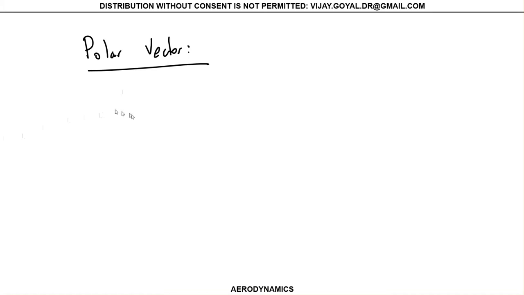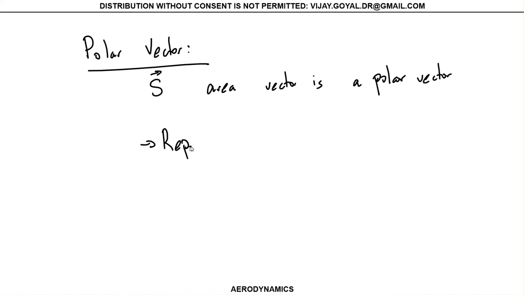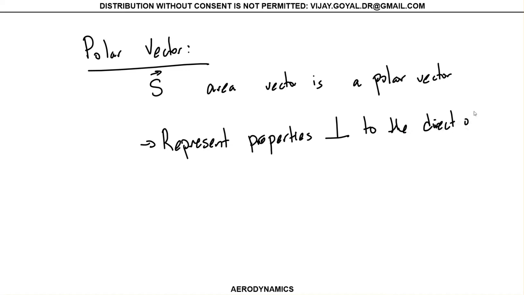So for example, in the previous case, a polar vector could be S, the area vector. Okay, so those are polar vectors.